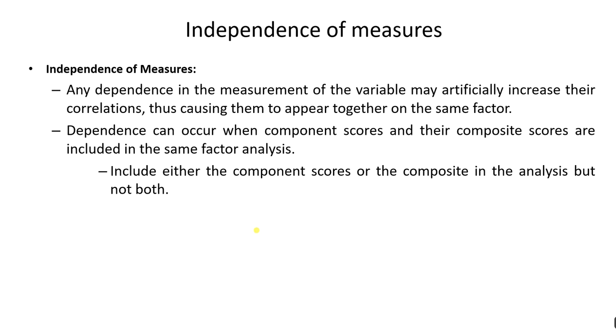Dependency can occur when you are using a scale and its subscales also. The total score will be the sum of the subscales, and if you put the composite score as well as the subscale scores in, there will be a correlation between the composite and the subscales.